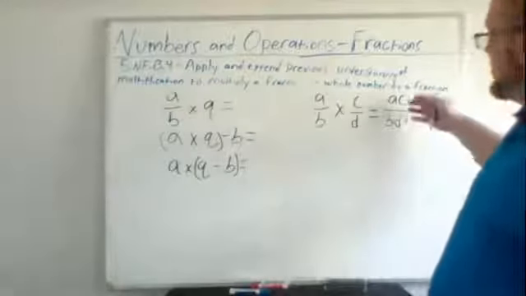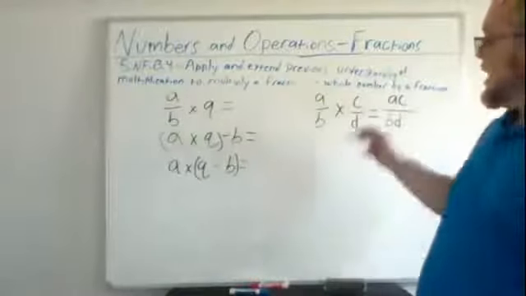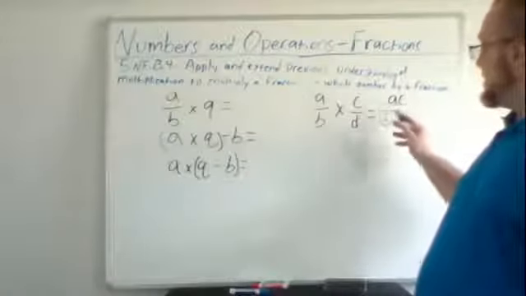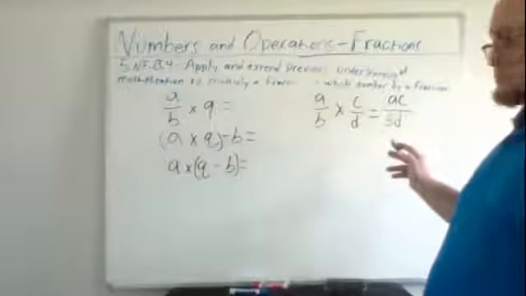So this is your answer. For your equation, A over B times C over D equals A times C over B times D.